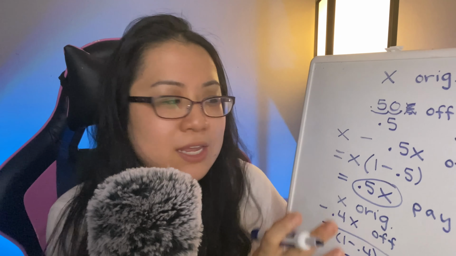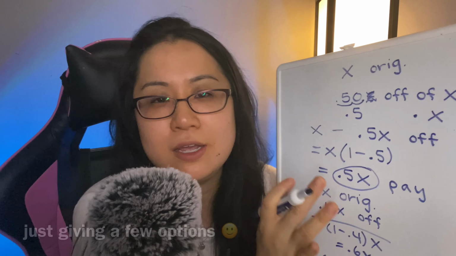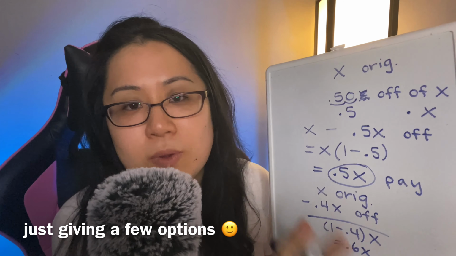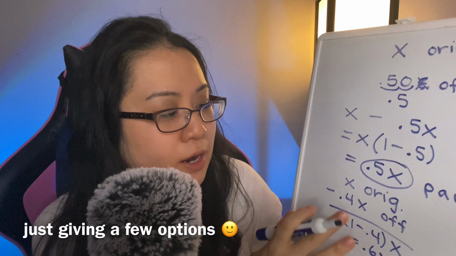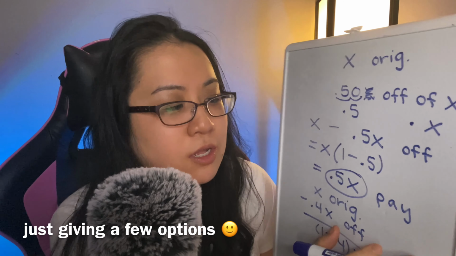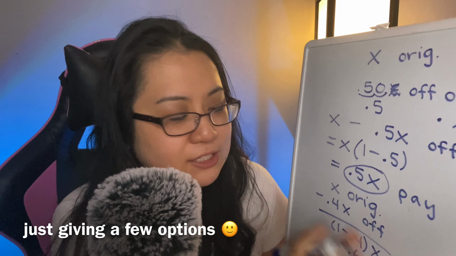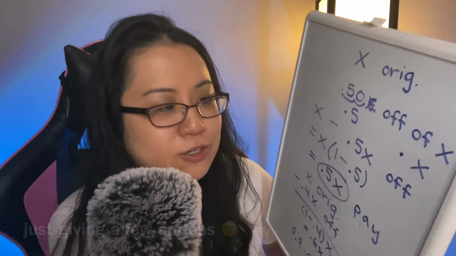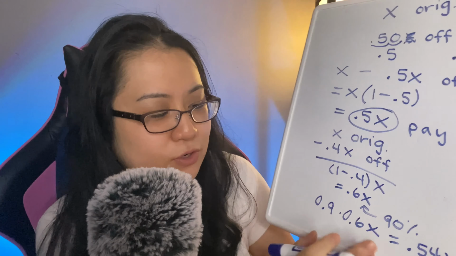In some way in my head, I am doing either 100% minus the percent off to see what I'm actually paying, or I'm doing 1 minus a decimal, or just at least keeping in mind, of course, as you work through this, it gets faster. You don't have to keep relying on this over and over.